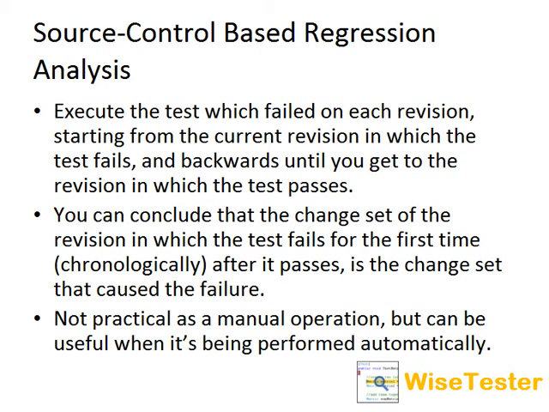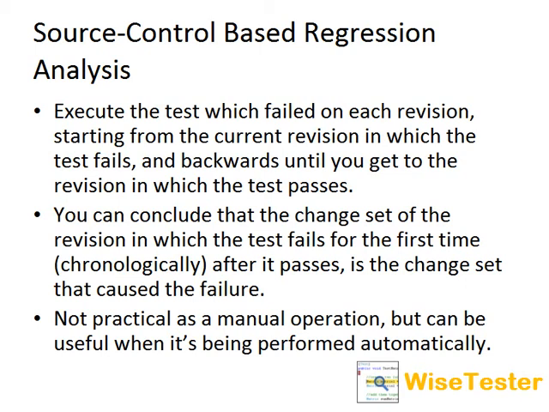So the developer can theoretically go through the following process in order to find the problematic commit. First, verify that the test also fails in the latest version on his local machine, and then iteratively update the working copy on his local machine from the source control repository, each time with the previous revision.